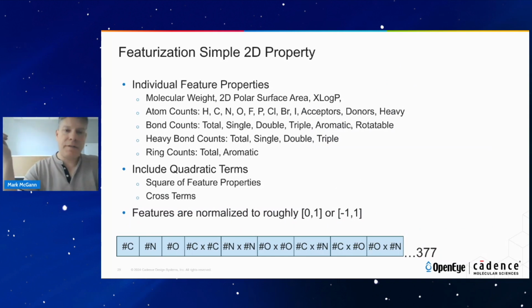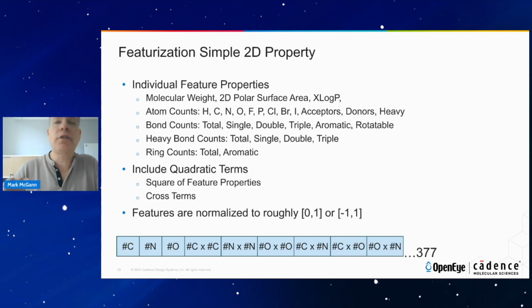The first kind of featurization I just call simple 2D property, and this is really what I consider to be a null model. It's the most basic kind of featurization I could think of, and it includes things like molecular weight, atom counts, bond counts, total number of rings, things like this.